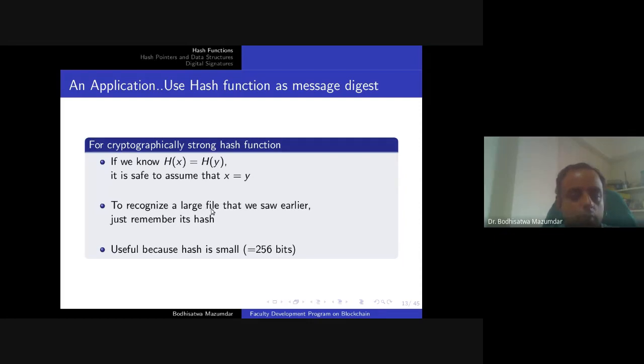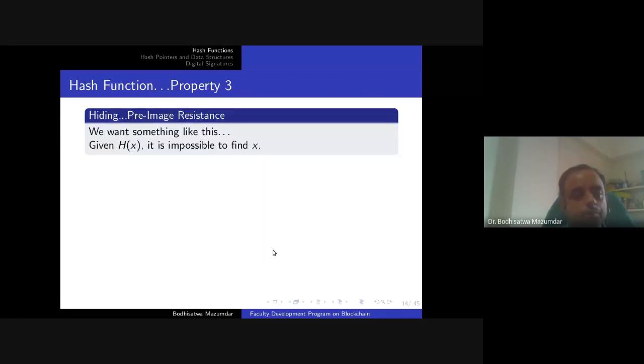A large file, say a video file, can be of the order of GBs, but its hash value would be 256 bits. So it is much more convenient to compare the hash of large files rather than the two large files, because the hash is very small.